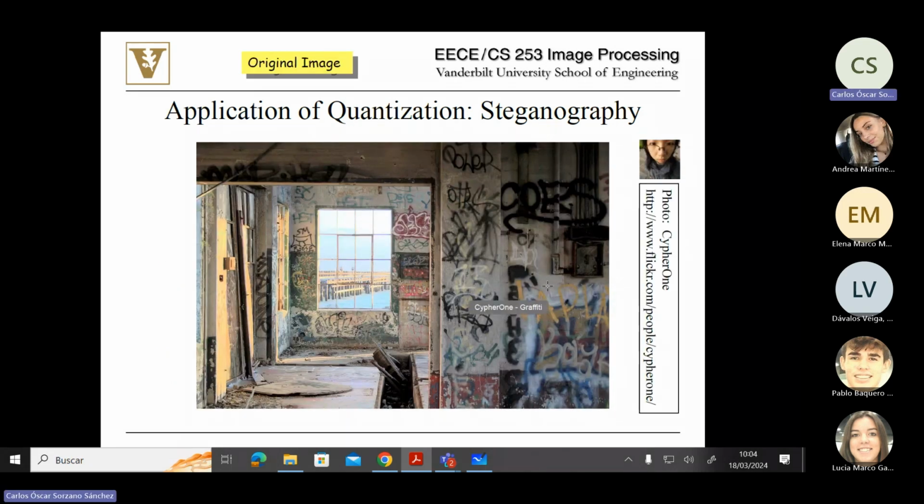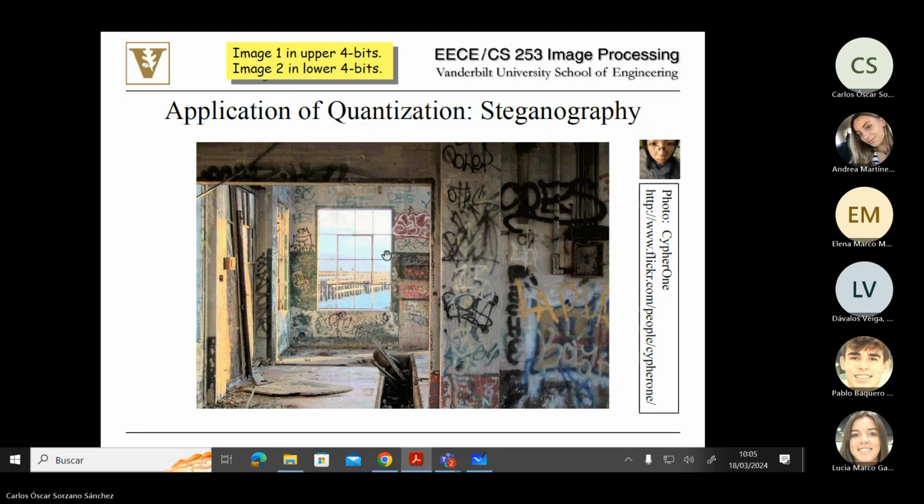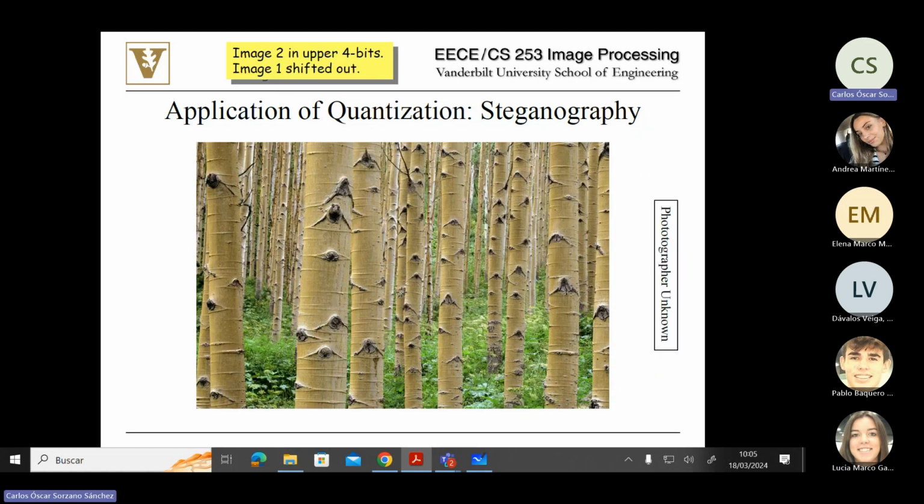For instance, this is image 1 quantized with 4 bits, so the lowest bits are 0. You see? There is a loss of contrast, but otherwise it looks similar. Now it contains the two images, image 1 and image 2, but we don't see image 2, and this is image 2.